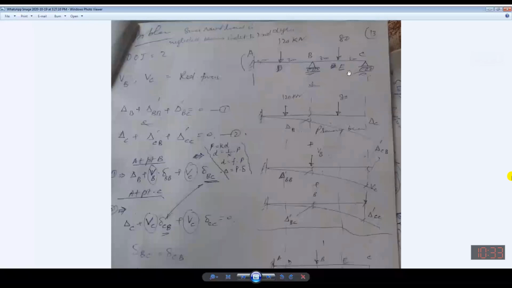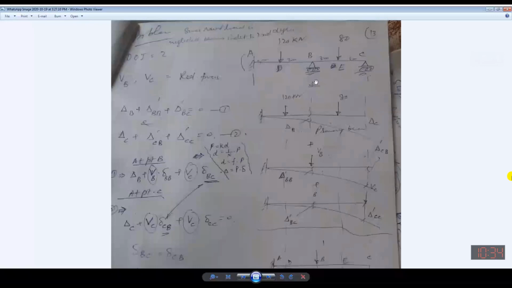For your facility, you can adopt any approach. So I have taken these 2 reactions, VC and VB, as unknown or redundant.